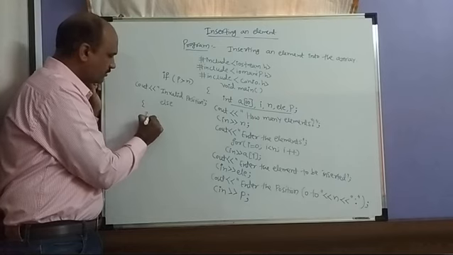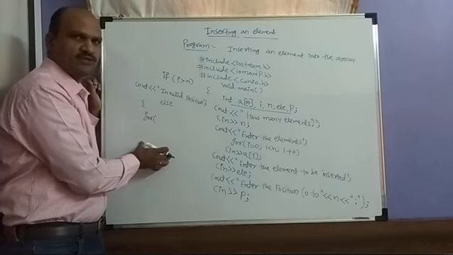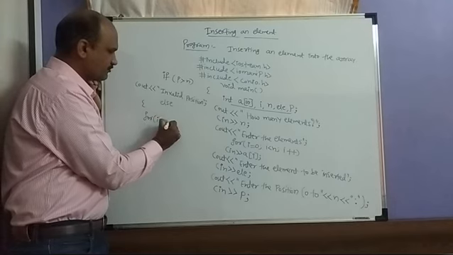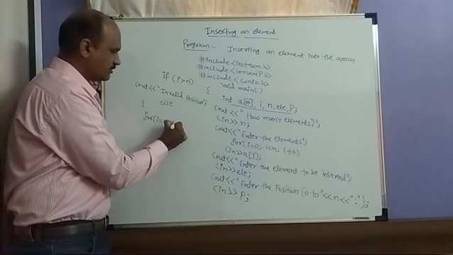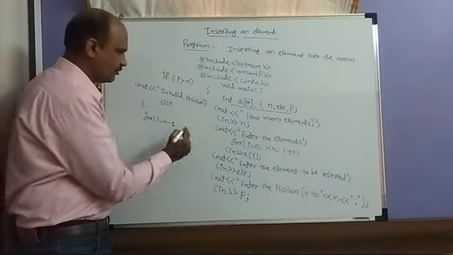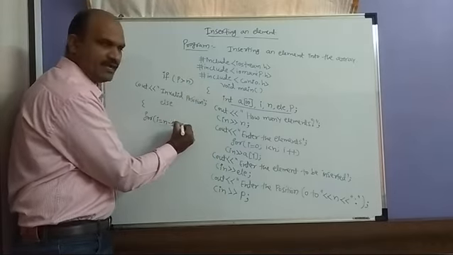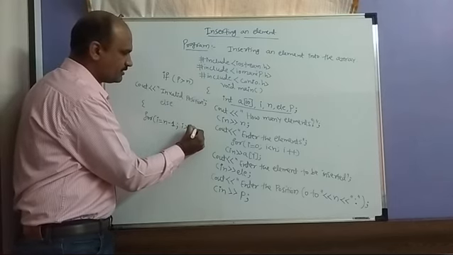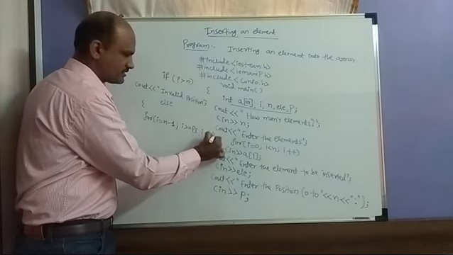Now this is the logic you wrote in the algorithm. For I is equal to n minus 1, down to P, I greater than or equal to P, then down means I minus minus.